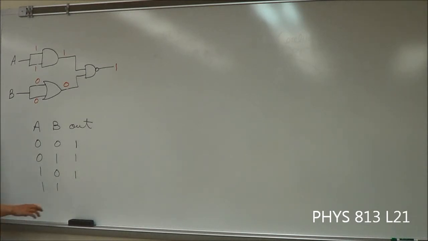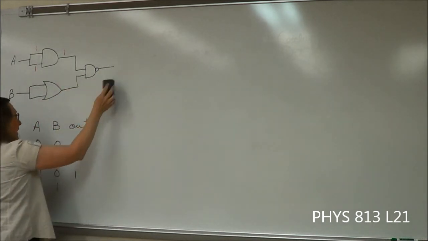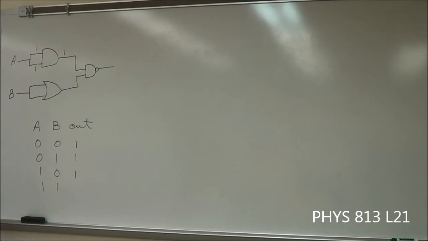Okay, let's try the 1 with a 1. Okay, I'm going to erase that and that and that. So with A as a 1 and a 1 and a 1 gives us a 1. With the OR, our 1 with a 1 gives us a 1 also.